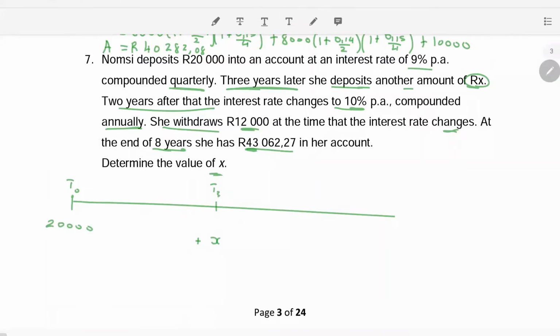She withdraws 12,000 at the time that the interest rate changes. So when does the interest rate change? 2 years after depositing the X amount, so that would be at T5.